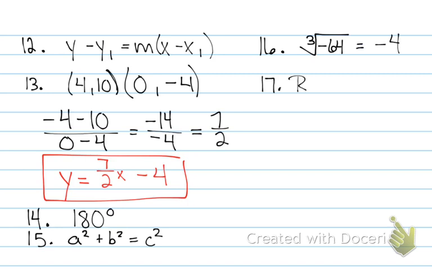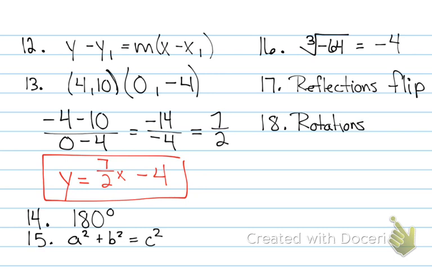All right, next one. A reflection. What is the key word for reflection? A reflection flips. What about a rotation? What did I say about rotations? Rotations turn. What about a translation?